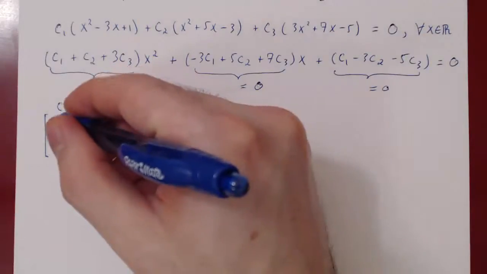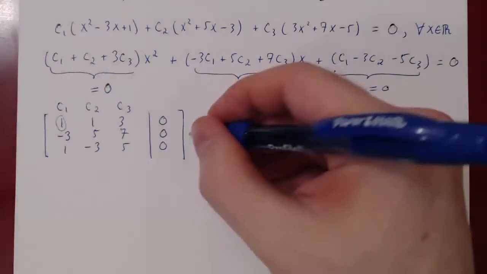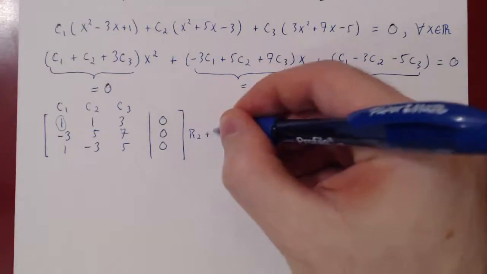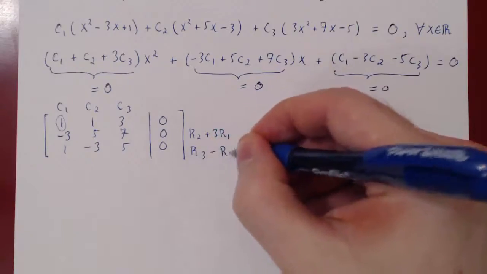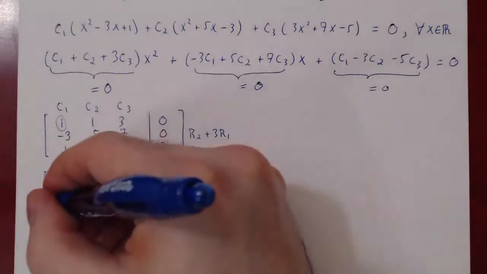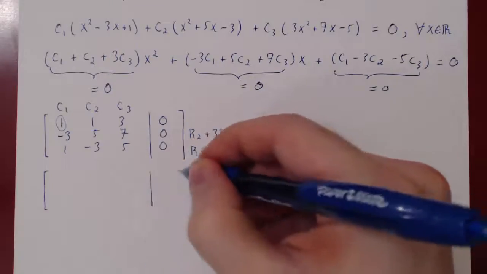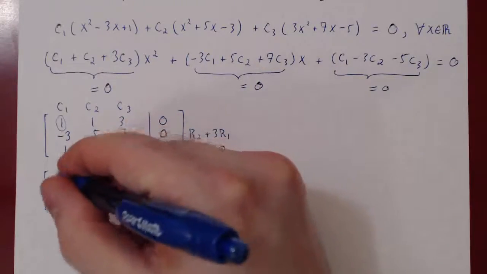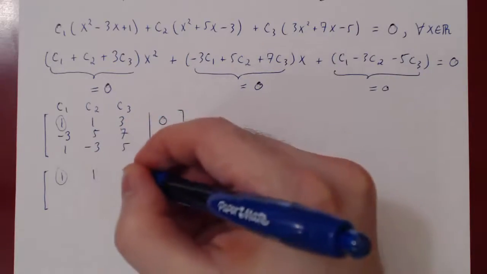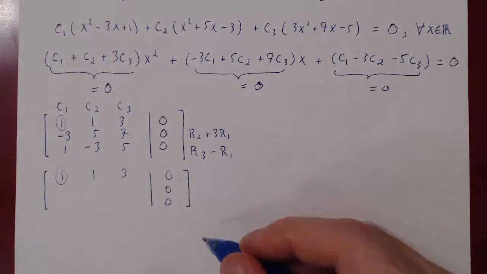We already have a leading 1 in the top row, so we can do row 2 plus 3 row 1, and row 3 minus row 1, to kill the entries below our leading 1. The zeros will always remain zeros. Recopy the first row as we're not changing it. Let's perform the operation.